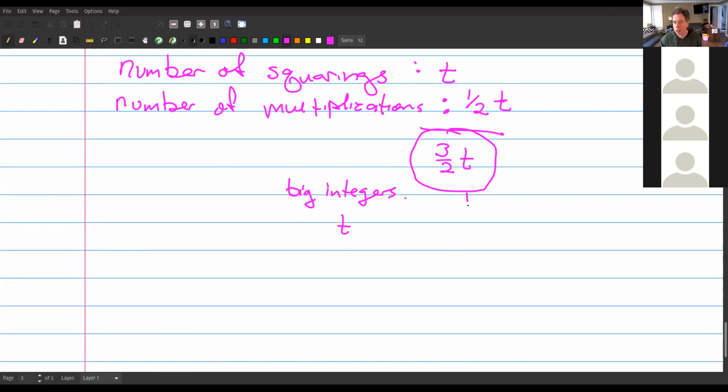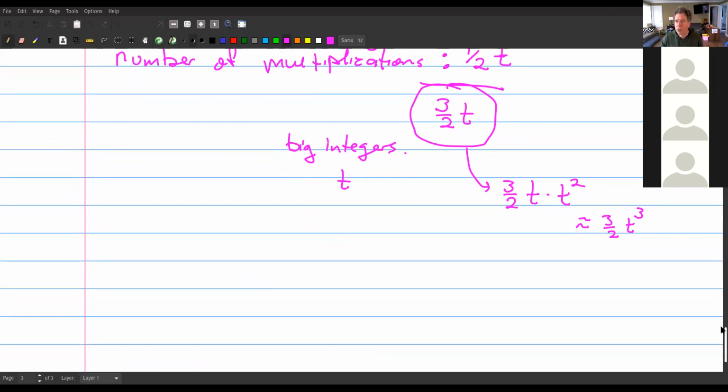So this is 3/2 t operations, and then each operation takes about t squared effort, so this is like 3/2 t cubed, or t cubed. Here I'm assuming that multiplication is an n squared algorithm where n is the number of bits, which it's actually not, but this is pretty good for back of the envelope.